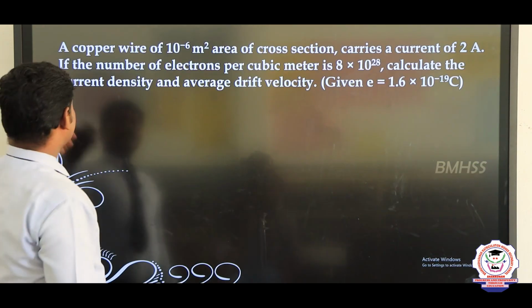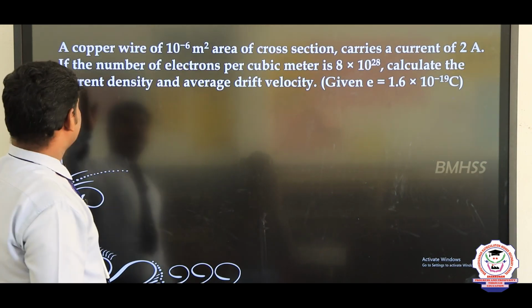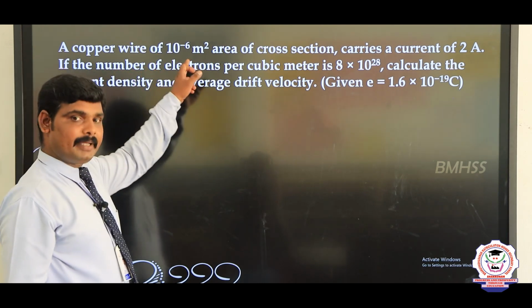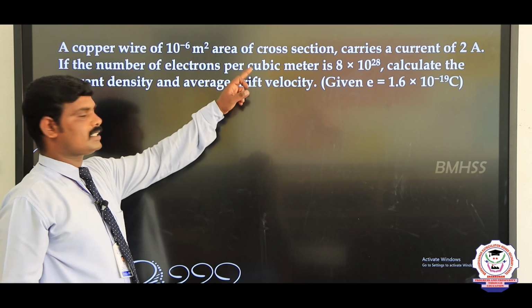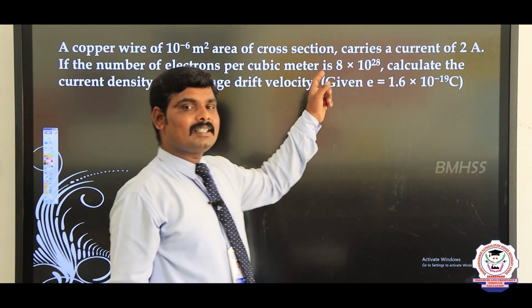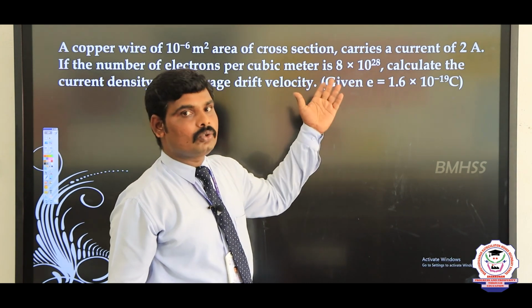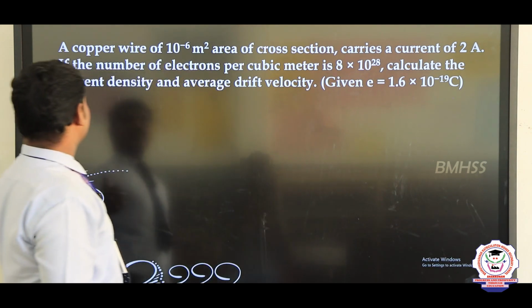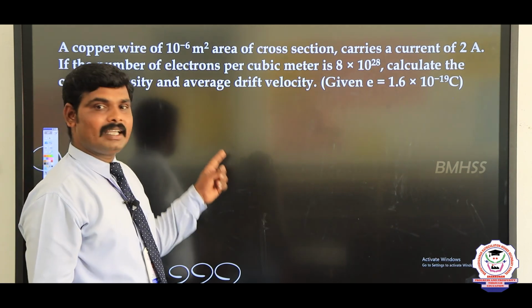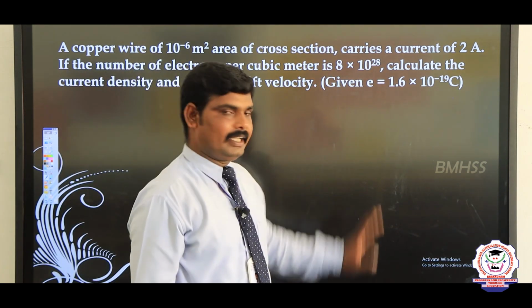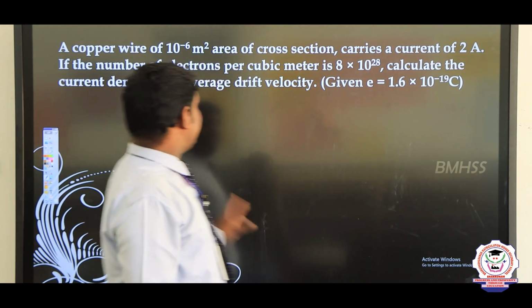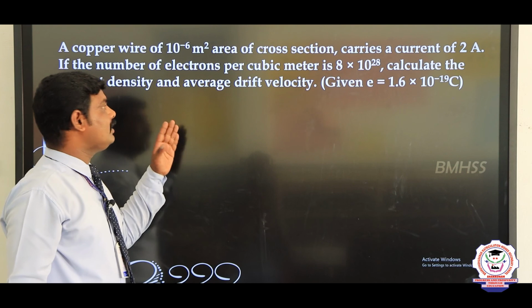So next, this is one problem. A copper wire of 10 to the power minus 6 meter square area of cross section carries a current of 2 ampere. If the number of electrons per cubic meter is 8 into 10 to the power 28, calculate the current density and drift velocity.